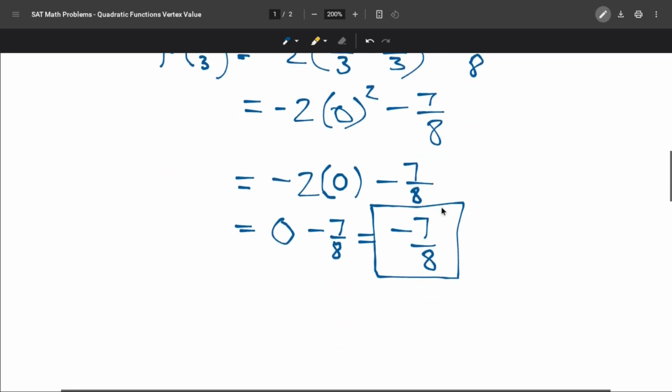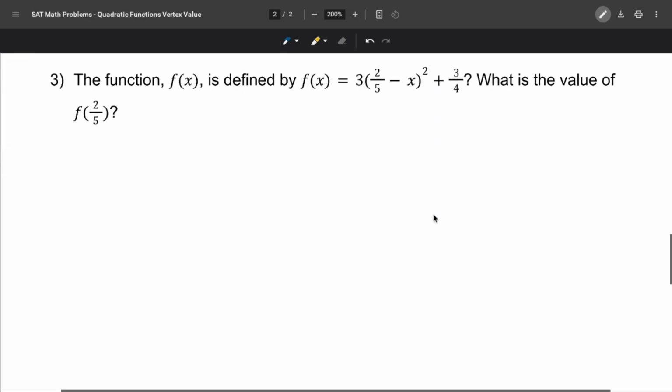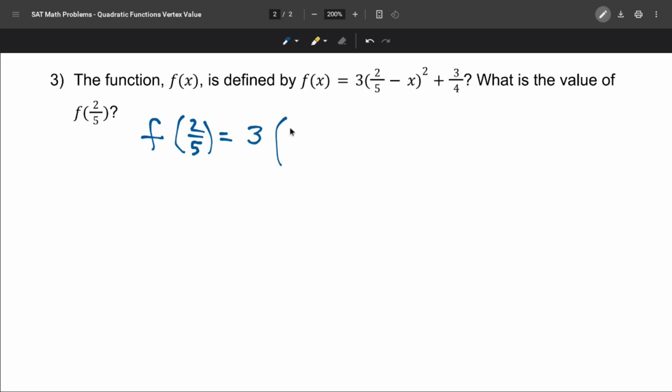All right, let's try another problem. The function f of x is defined by f of x equals 3 times (2/5 minus x) squared plus 3/4. What is the value of f of 2/5? All right, so f of 2/5 equals 3 times (2/5 minus 2/5) squared plus 3/4.